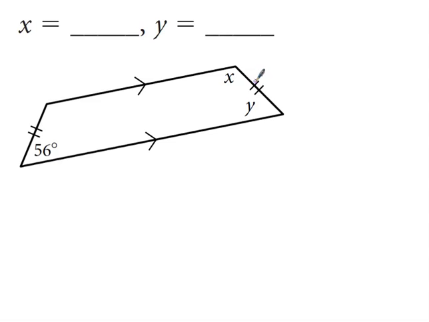The reason why I know that is because these sides are the same. So since it's an isosceles trapezoid, remember it tells me certain things. One of those things is that base angles are the same. So if this is 56, then y has to be 56.